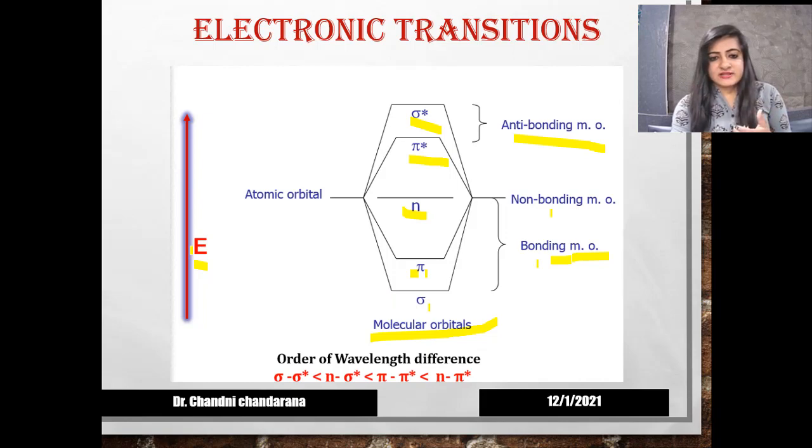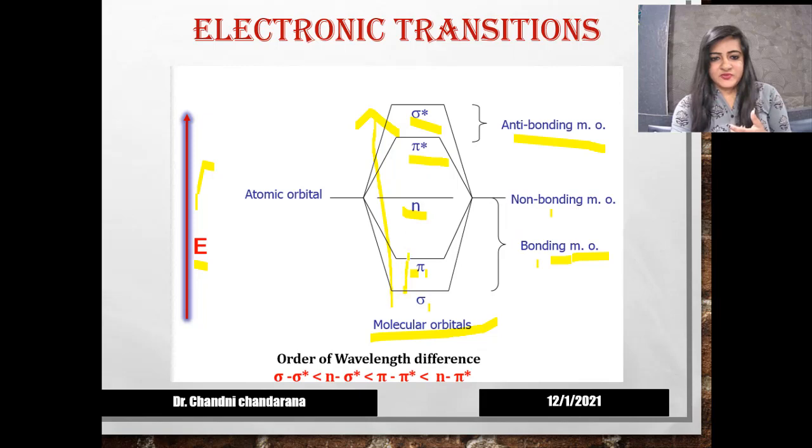Just look at this sigma. Sigma to sigma star is the first type of transition, from bonding to anti-bonding sigma star. Then n to sigma star.